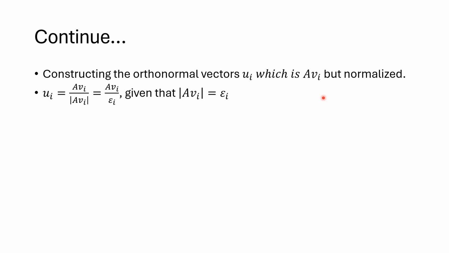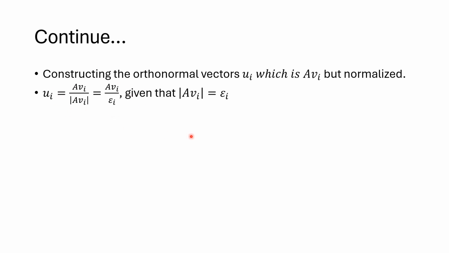So if we want to find the vectors U, the ith vector u, what we can do is just multiply the vector AV with the reciprocal of its magnitude, right? That's how we normalize vectors. And from the previous slides, we established that the magnitude of AV is just the singular value, right? This sigma right here, the singular value. So what we can do is rewrite this as this.